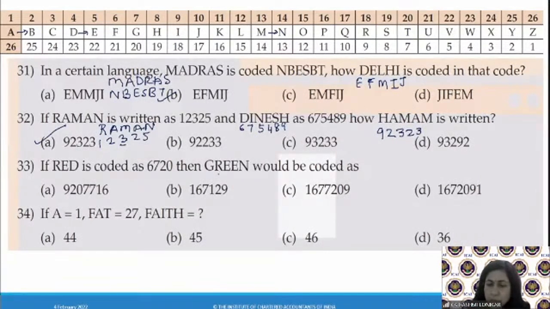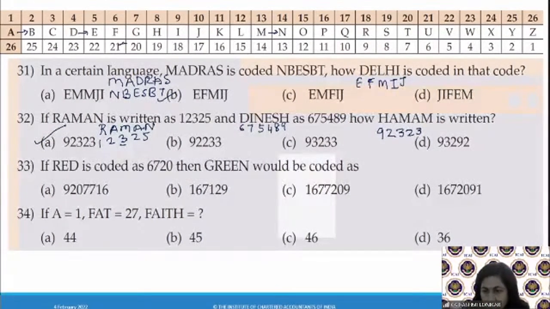What is 6 representing? 6 is representing F. 7 is representing G. And R is 18. Now this becomes a problem. So what do I do?